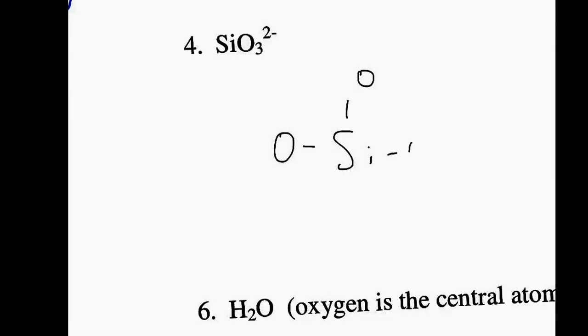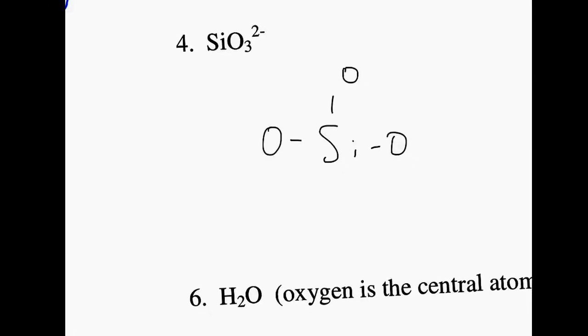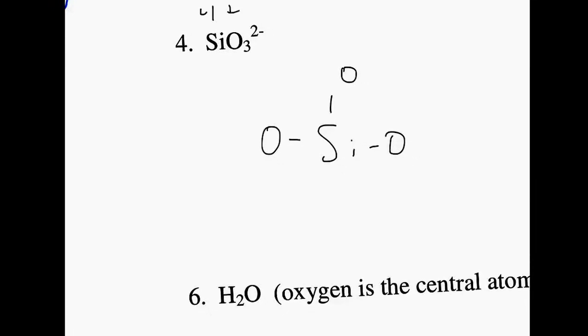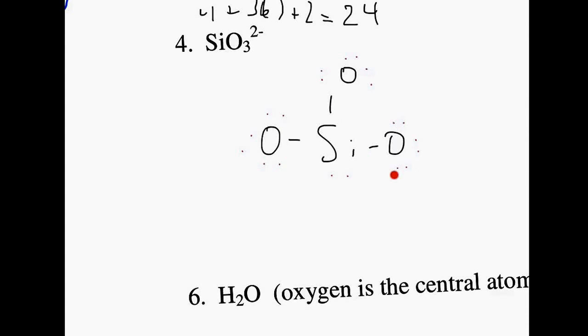SiO3. So I've got Si as my central atom. I'm going to try it with just single bonds over here. Oh, I forgot to count them up. So I've got 4 plus 3 times 6 plus 2 is 18, 22, 24. 24 valence electrons. I need 2 on that Si and 6 on each one of the O's. And if I count that up, 2, 4, 6, 8, 10, 12, 14, 16, 18, 20, 22, 24, 26.